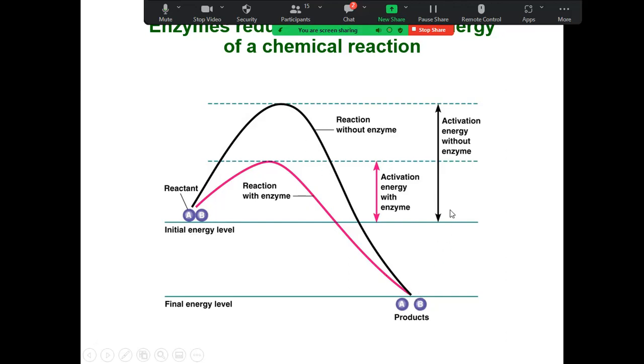And that is called the activation energy without an enzyme. The other is the reaction with an enzyme, and it too has an activation energy with an enzyme, but it is much less than the activation energy without an enzyme. And it has an energy hump, meaning you do have to add energy to it, but it's much less before the reaction will occur and then we get the products.